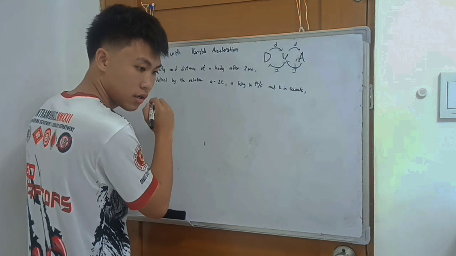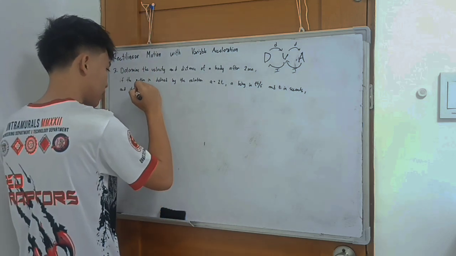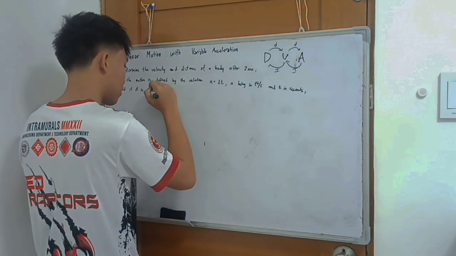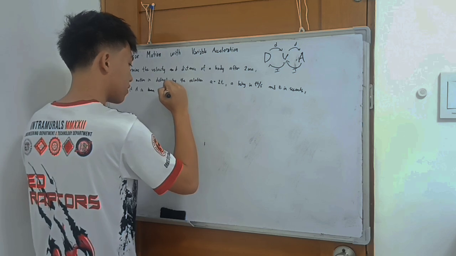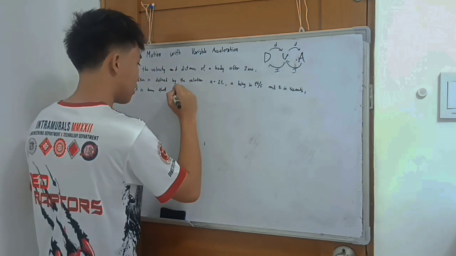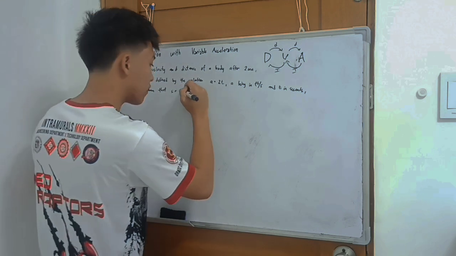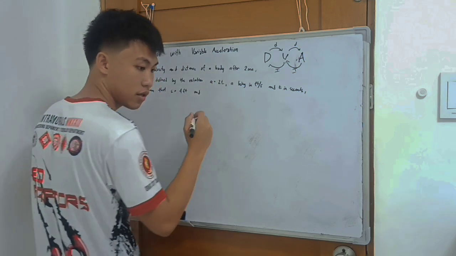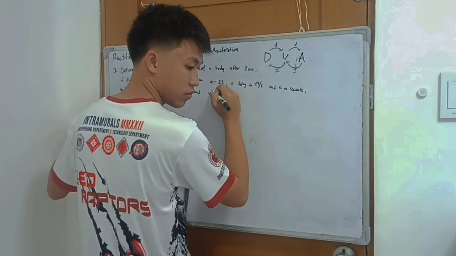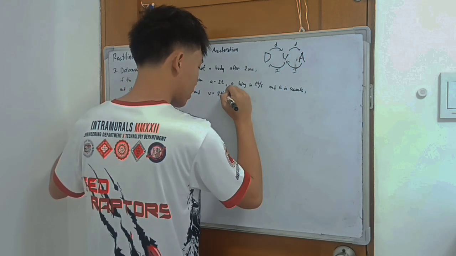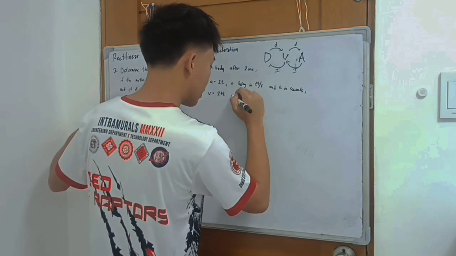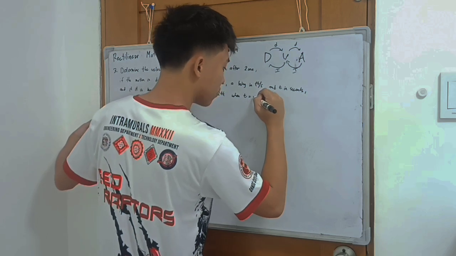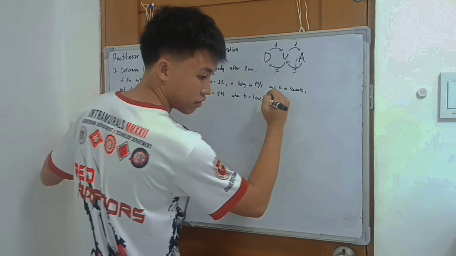And it is known that S is equal to 4 feet and V is equal to 2 feet per second when t is equal to 1 second.